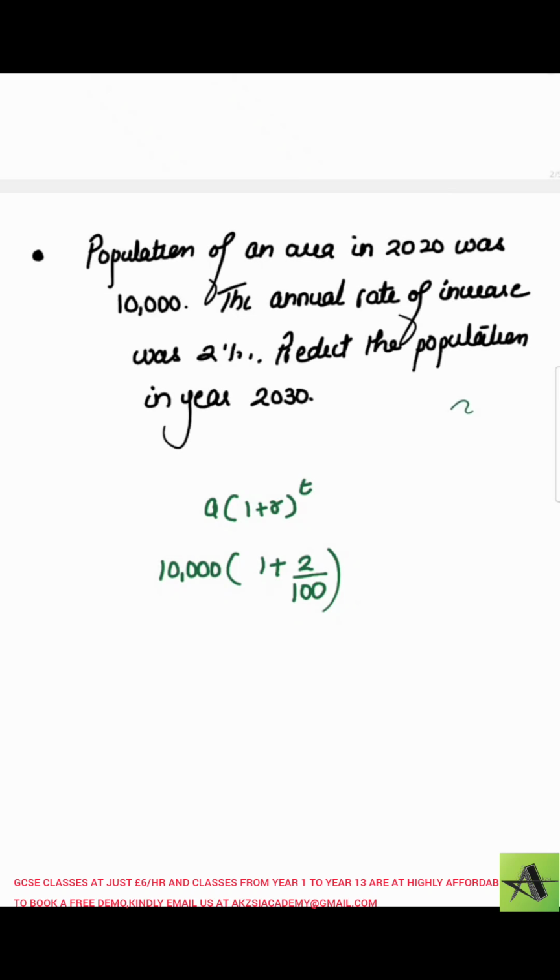So 2021 will be the completion of the first year, then 2022, 23, 24, 25, 26, 27, 28, 29, 30, and these are 10 years.